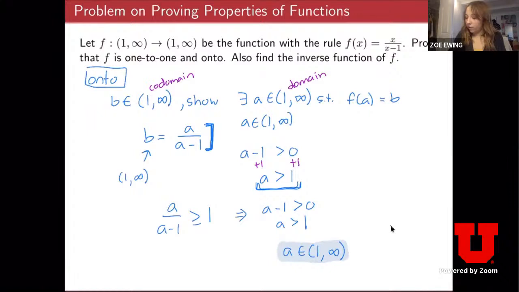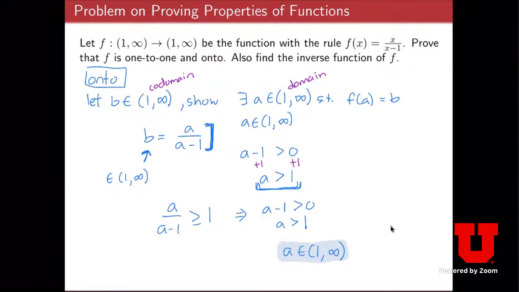So that is just saying, we started by saying we're going to let B be in this set. We're just assuming that B is in the set from 1 to infinity. So this arrow is just to restate that. I guess a better way to show it is b is in 1 to infinity, which means that a over a minus 1 is also in the set from 1 to infinity. Okay, that makes sense.